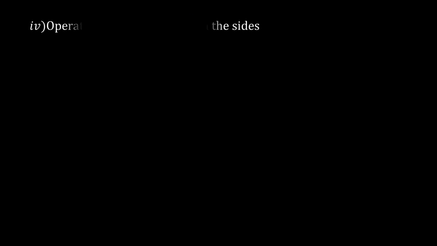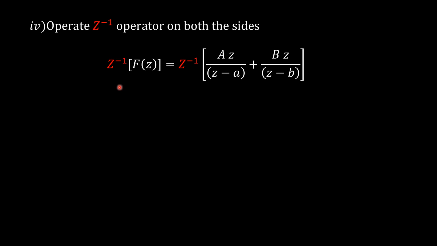After this, in the fourth step, we operate the inverse Z transform operator on both sides. That will give us Z inverse of F of z equal to Z inverse of Az divided by z minus a plus Bz divided by z minus b.